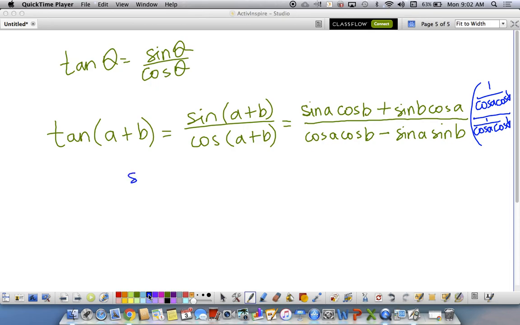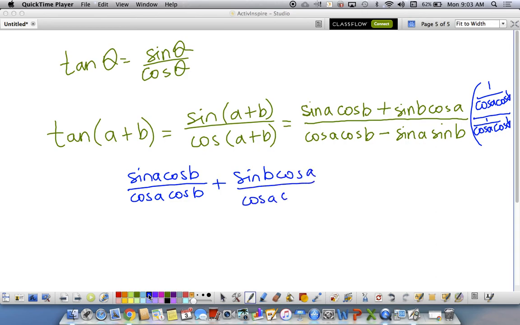So if I have sine A cosine B divided by cosine A cosine B, plus sine B cosine A divided by cosine A cosine B. Okay, I just distributed that, divided. I'm going to divide really every piece, which is multiplying by something.